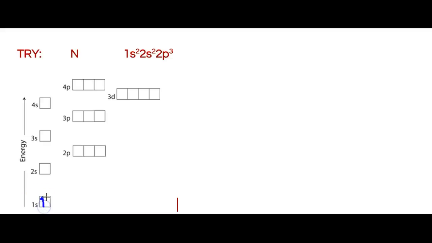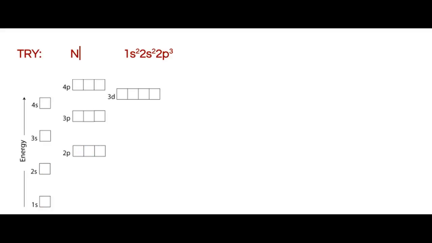So 1, 2, 3, 4, and now is where I need to remember Hund's rule. I've got 3 electrons, but I'm not going to double up until I have put at least 1 electron in each of these 2p orbitals. And notice that I've made sure that the spin is parallel. Hopefully you did okay with that.